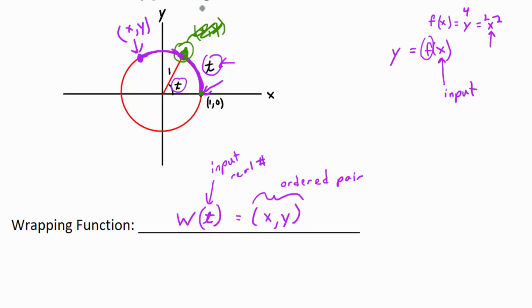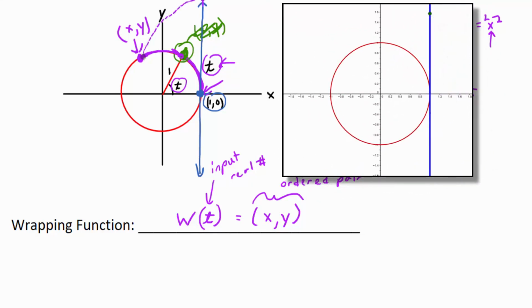If you took a vertical number line, so negative values down here, positive values up here, and 0 on the number line corresponds with (1, 0) on the x-axis, and you bend it so that it wraps around the circle here, then say maybe this point up here, it might have to be up here a little further, gets wrapped around to that point. That's why it's called the wrapping function.